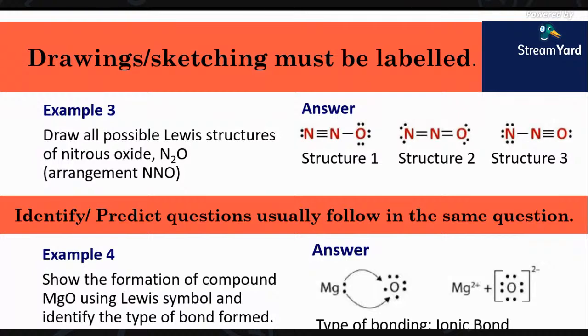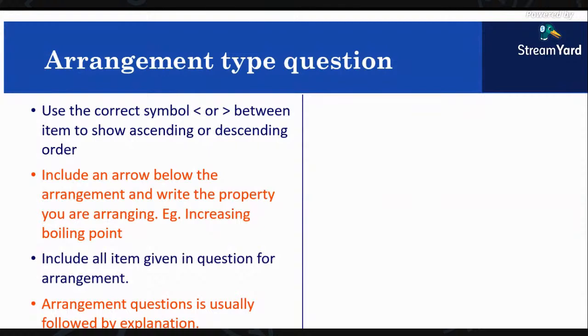Moving on, the arrangement type question. It is highly recommended that you use the correct symbol, meaning less than or more than symbol, to show items that are ascending or descending.